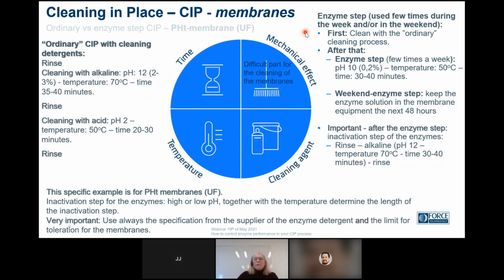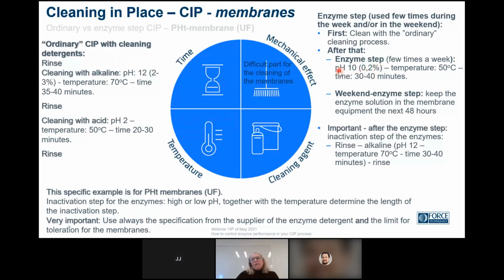So we have to have the enzyme step. First, every time, we are going to have the ordinary cleaning step with the cleaning agents. And after that, we have the cleaning with the enzyme step.